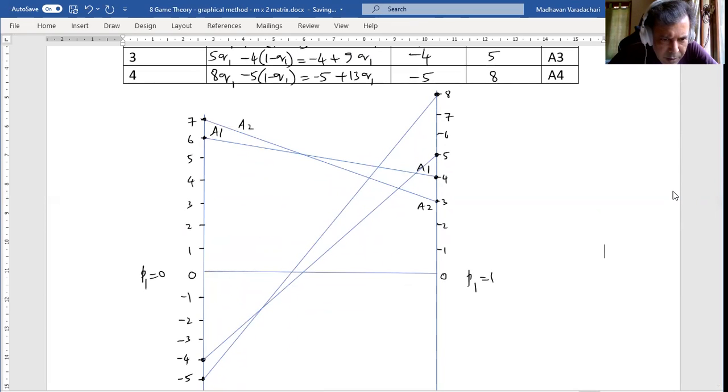So this is our A3 line. This is our A4 line.